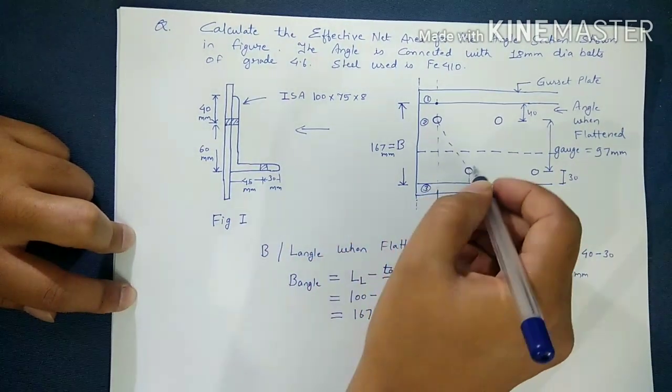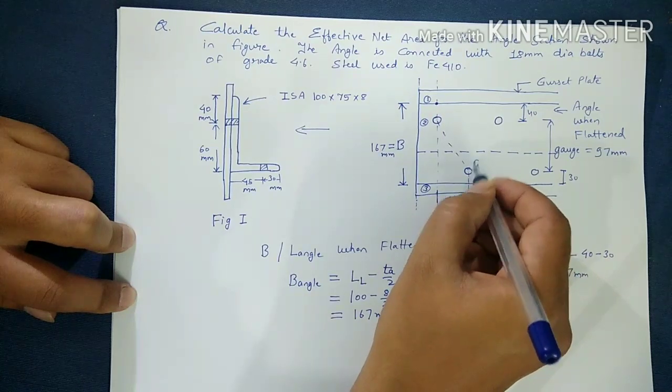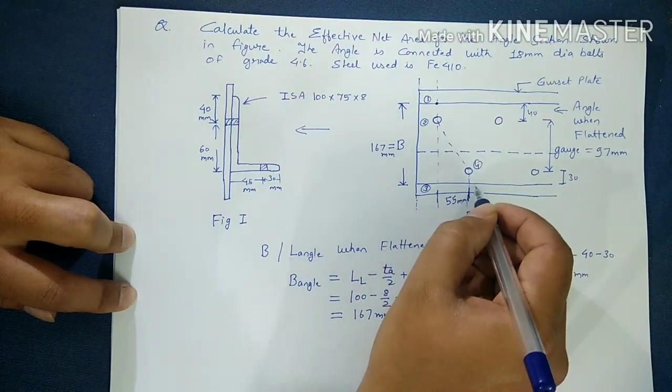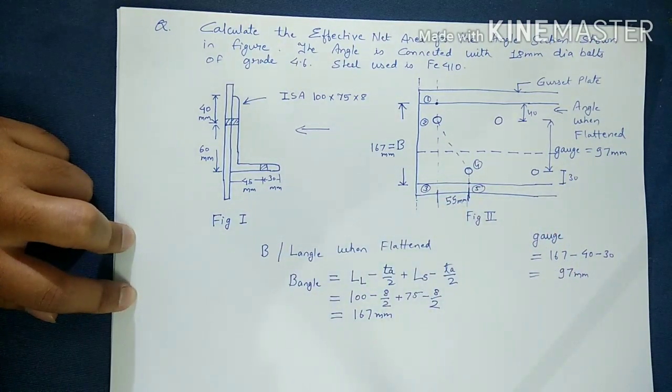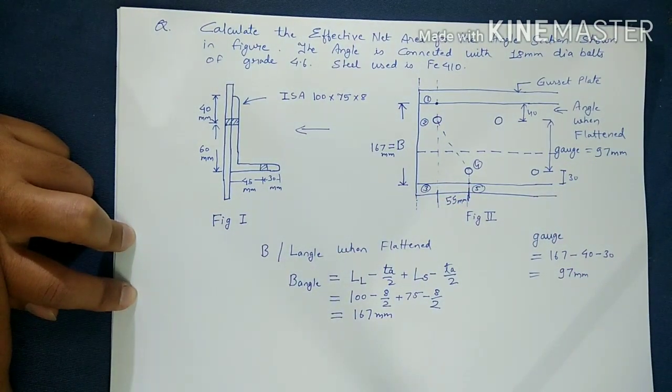Similarly, it can be nominated as 4, and at this end 5. So basically, in this situation, two planes are forming.